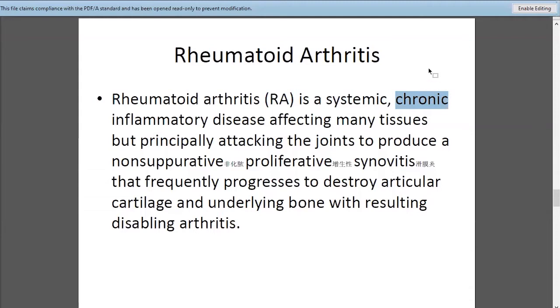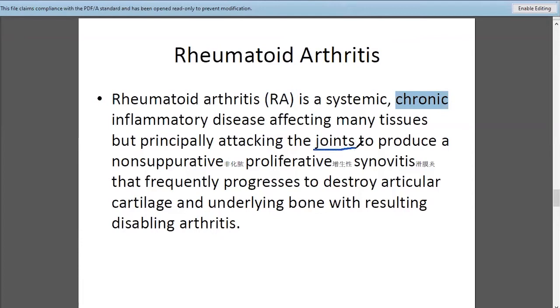When we talked about inflammation before, we said there will be redness, swelling, and maybe pain. So we have some special kinds of clinical symptoms of inflammation, and this kind of illness still has similar clinical symptoms. This illness mainly happens in the joints.